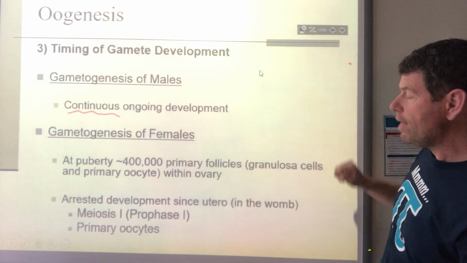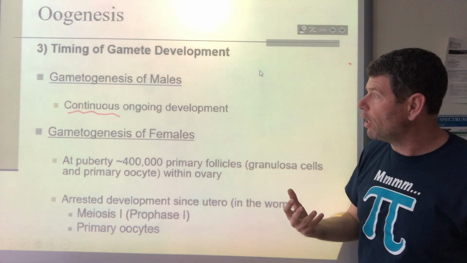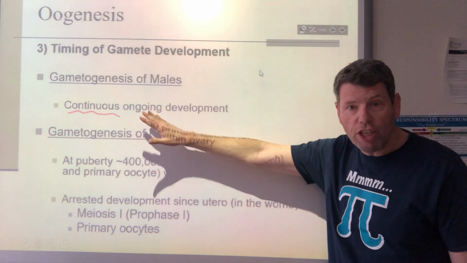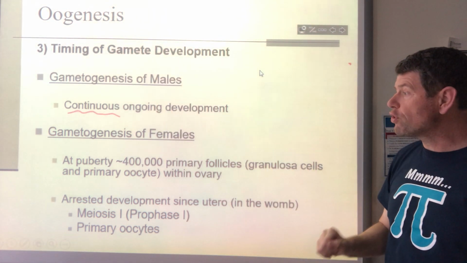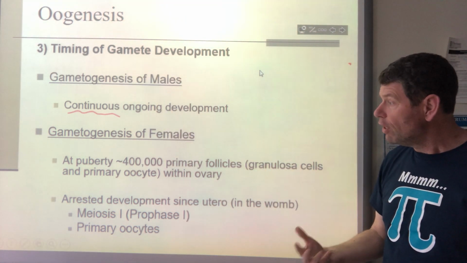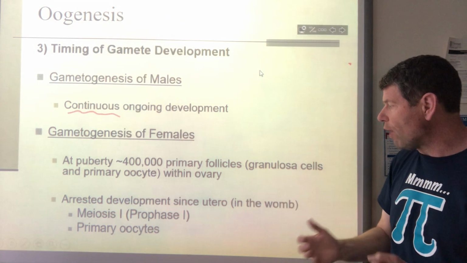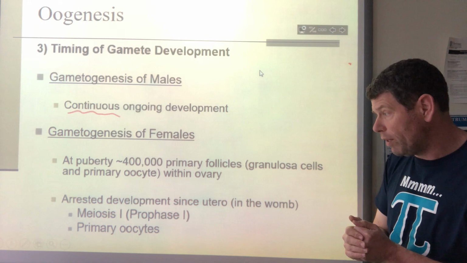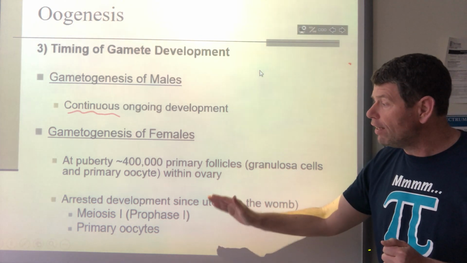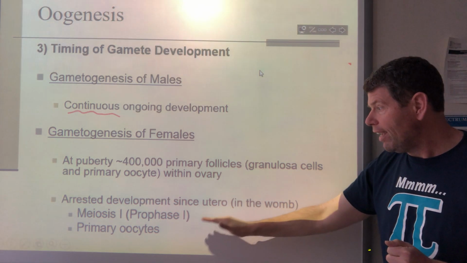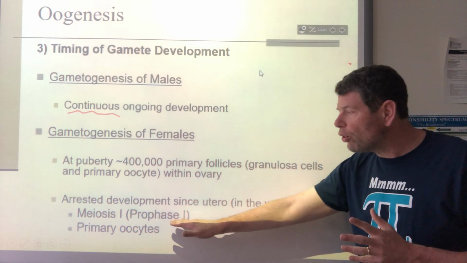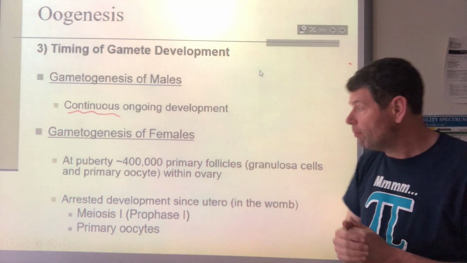and number 3, if we look at the timing of gamete development, we know that for males it's continuous, ongoing development of sperm throughout our reproductive life. For the females, at puberty, when there's approximately 400,000 primary follicles within the ovary, they end up in arrested development in the womb in an early stage of meiosis 1.